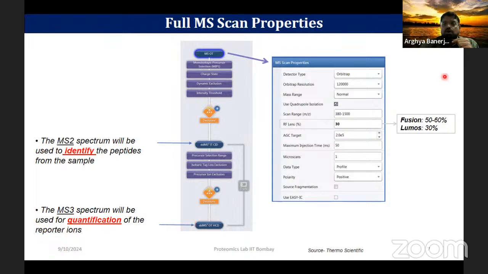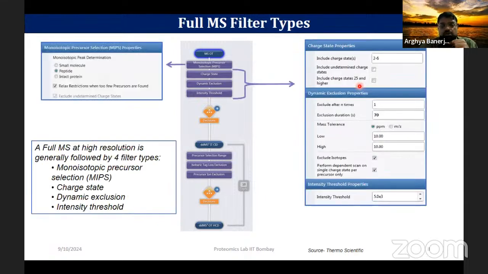And thirdly, in the DDMS2, which is mainly used for the quantification, you can use the OT. You can go to 120,000 or 200,000 Orbitrap resolution, and in TMT mass specs you can go to a range of 120,000 Dalton, with multiple charge states.